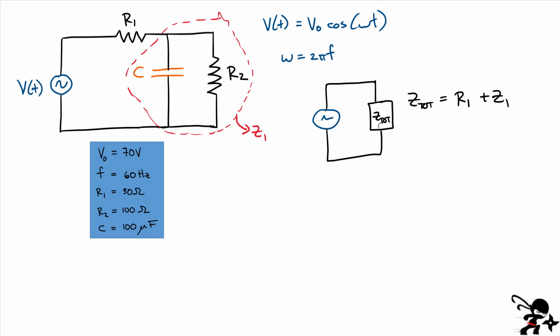So how do you find the value Z1? Remember, Z1 is combining two elements that are in parallel with each other. So what we have to do is simply use the parallel rule. It's easy for the value of the resistance R2. However, what do you do with the value for this capacitance?